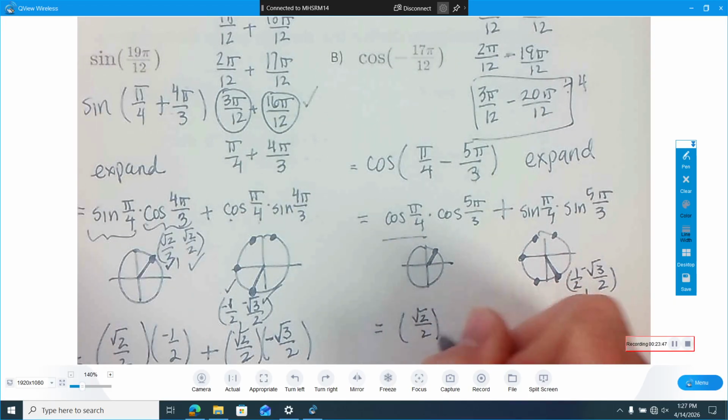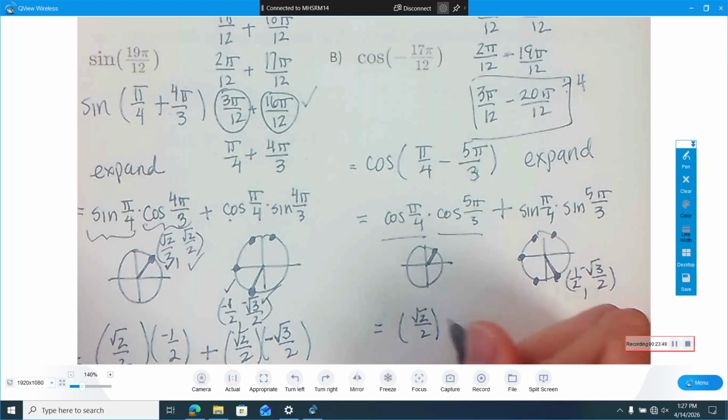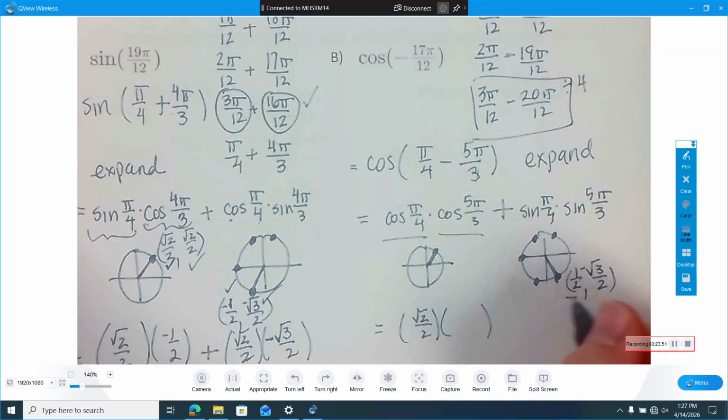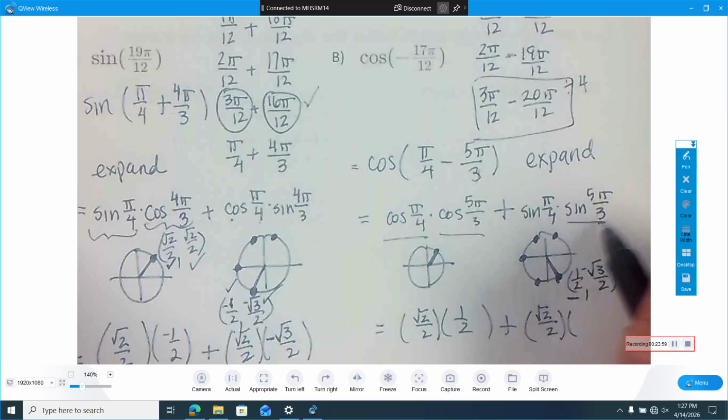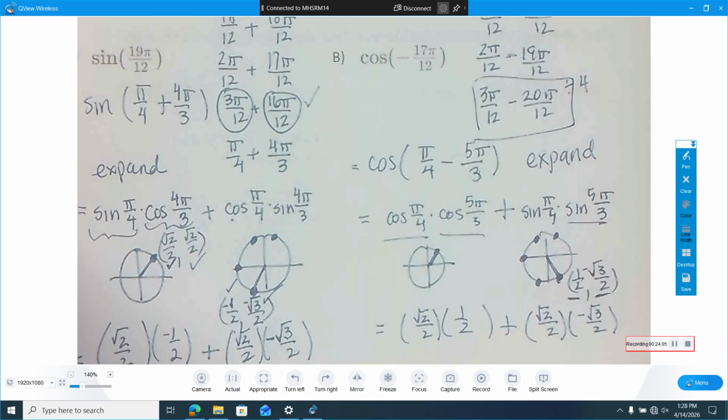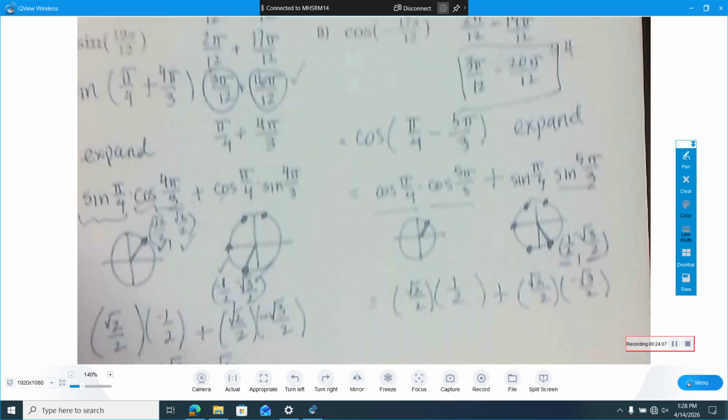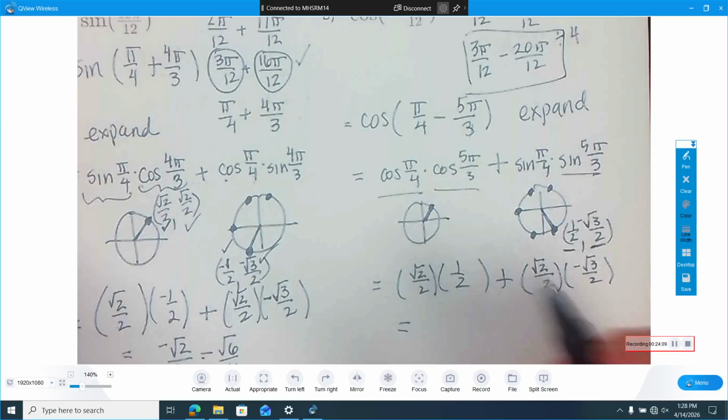So cosine at pi over 4 is root 2 over 2. All right, cosine at 5 pi over 3, 1/2, plus sine at pi over 4, root 2 over 2, and sine at 5 pi over 3, negative radical 3 over 2. Good. Now the multiplying part is super easy, it turns out.